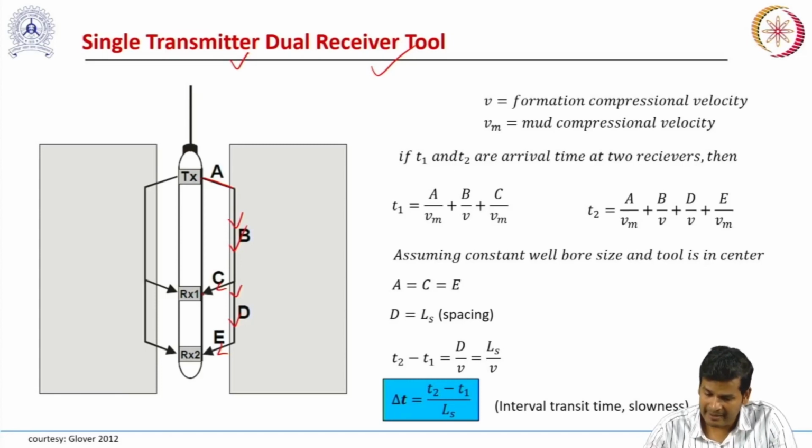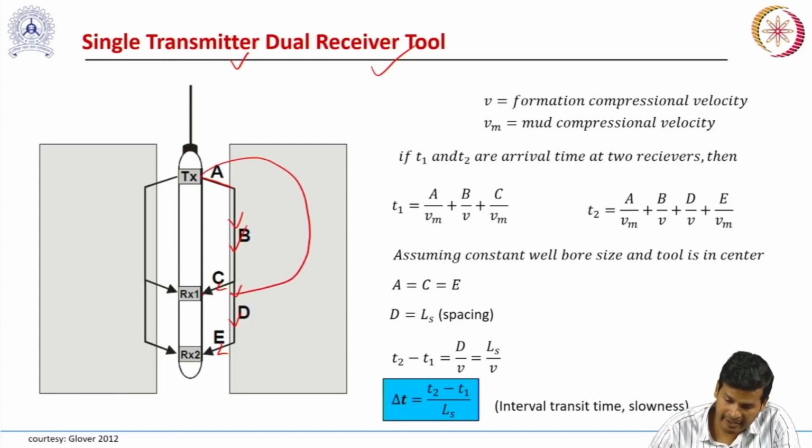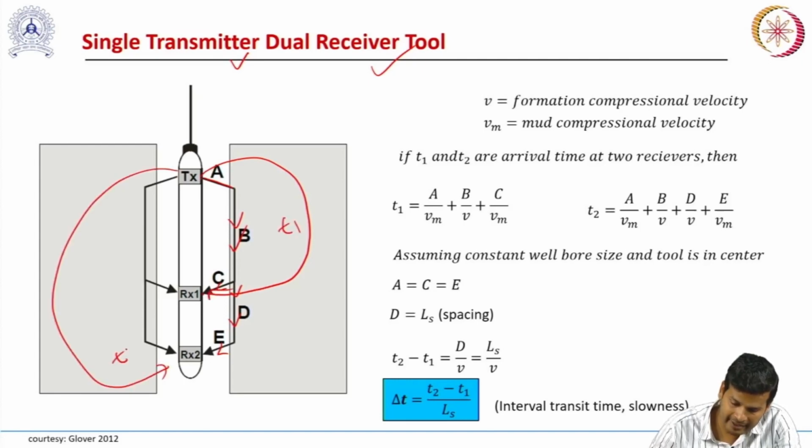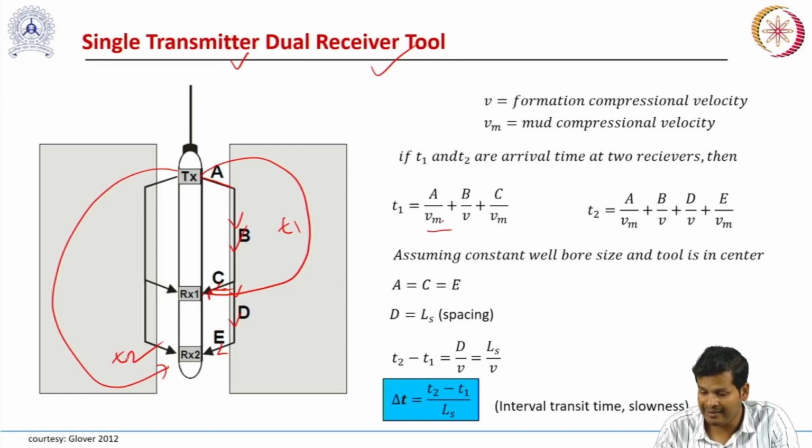So what is my total path? Let's say for receiver 1, the total travel time is T1, and the total travel time for receiver 2 is T2. So T1 will be A by Vm, where Vm is the mud velocity, or the sound wave velocity inside the mud or wellbore fluid, plus B by V, where V is the velocity of the compressional wave, because the sound wave traveling inside the formation is a compressional wave.